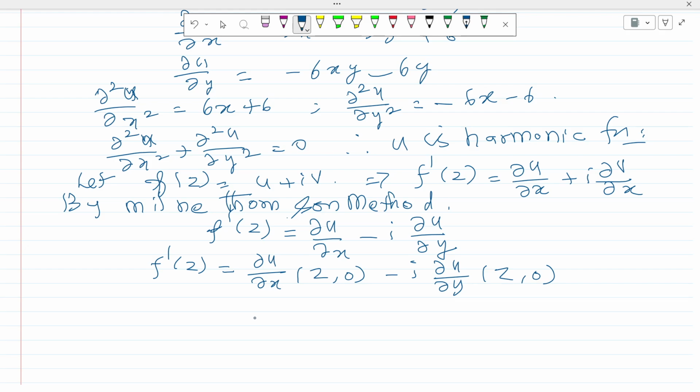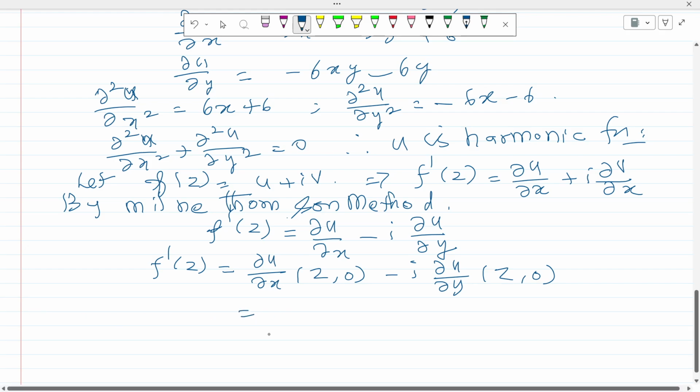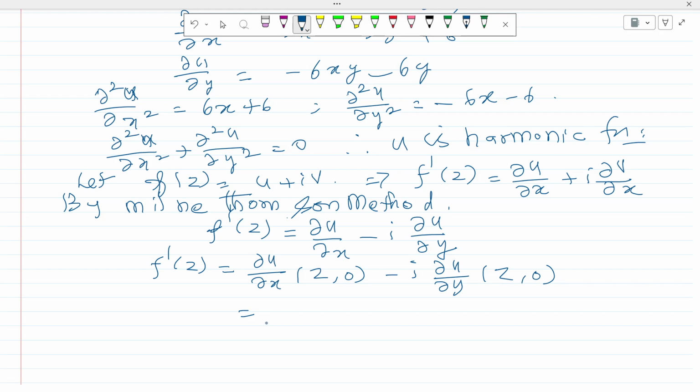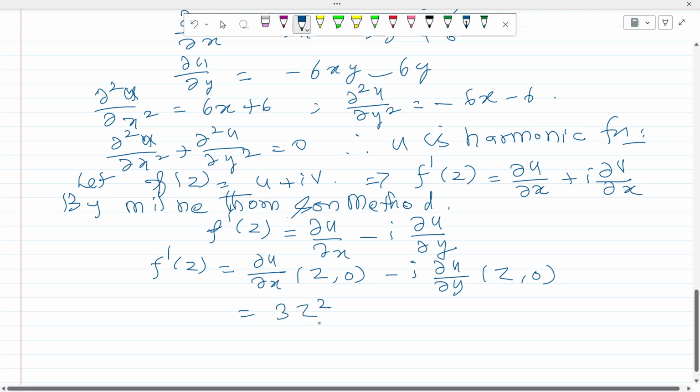But what is ∂u/∂x here? ∂u/∂x is 3x square minus 3y square plus 6x. Substituting x equal to z, y equal to 0, what do you get? 3z square plus 6z.